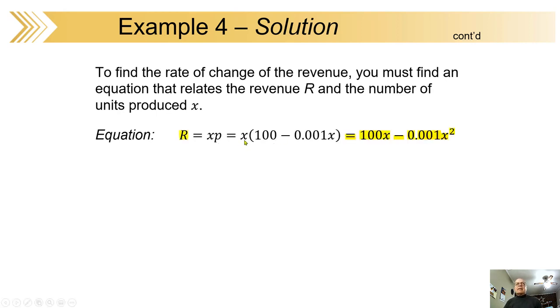So here's the X. We already got the P part earlier, so this is the revenue part. In yellow, I'll put your revenue equation. R equals 100x minus 0.001x squared. There's your revenue equation.